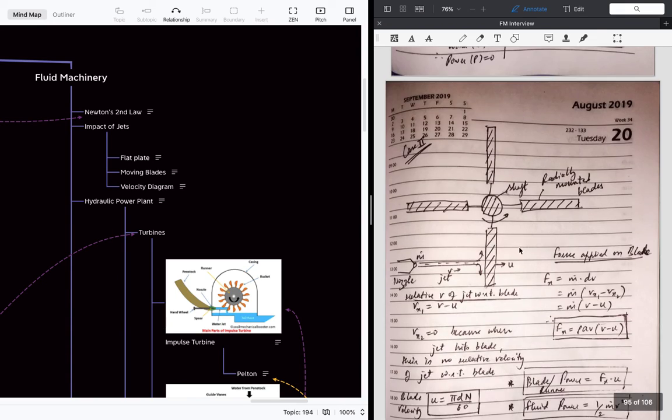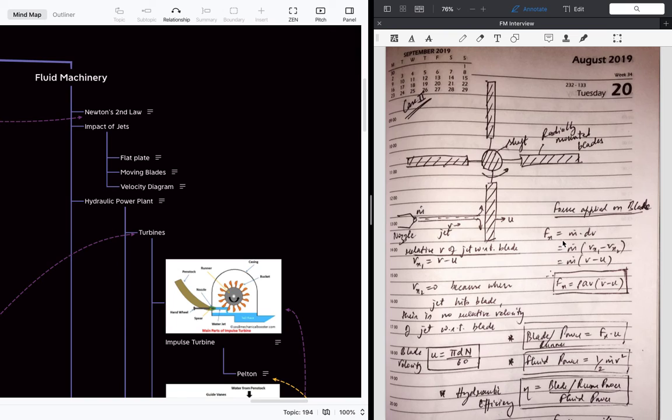And when the plate is moving, let's say this plate is the blade of a particular turbine, and this is the shaft here, and this is a radially mounted plate. When the jet is applied here, it moves the blade, and this blade already has a velocity of u. So what is the force on this blade now?